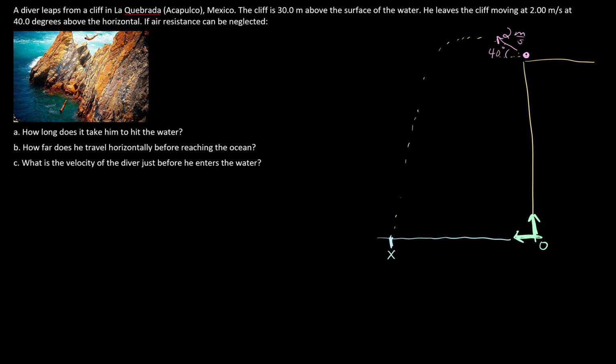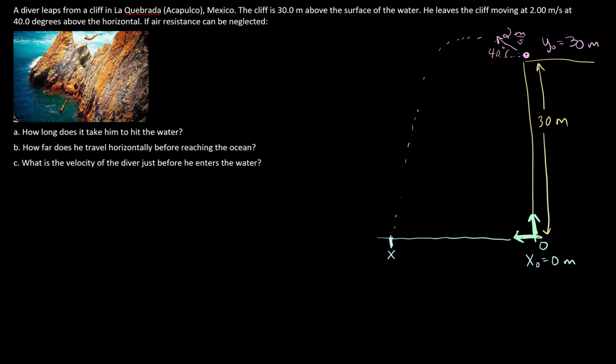Okay, so my initial x position is 0 meters. His initial y position, y naught, equals 30 meters, because we are told that this is a 30 meter cliff, and we set the base equal to 0.